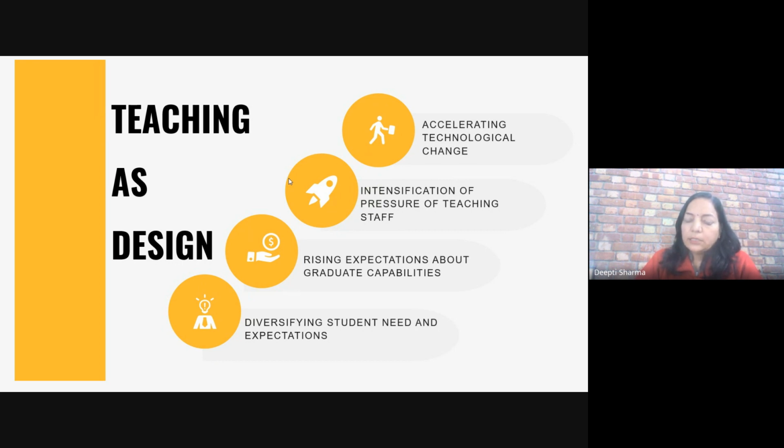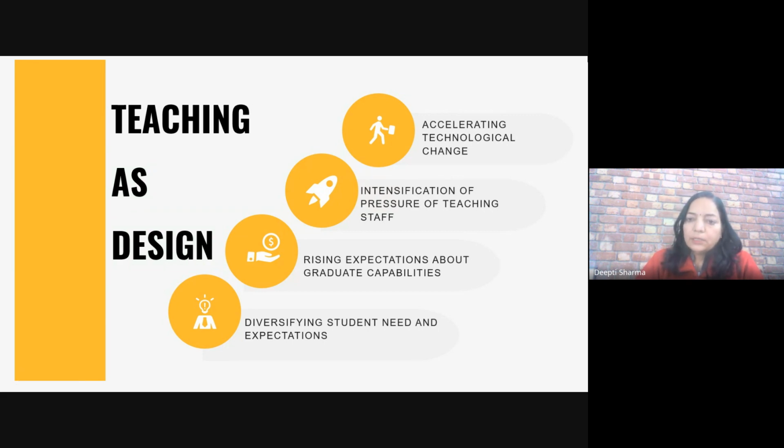And third factor is intensification of pressure on teaching staff. Apart from regular teaching, we have a lot of work regarding accreditation and different outcome based education methodology. Design thinking will help them ease their work, and they can evaluate their students in a better way.